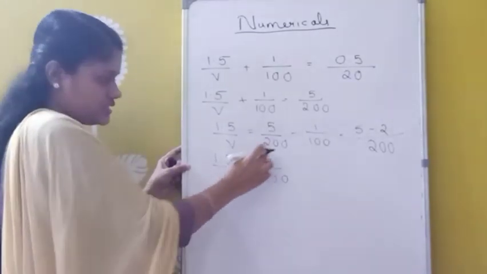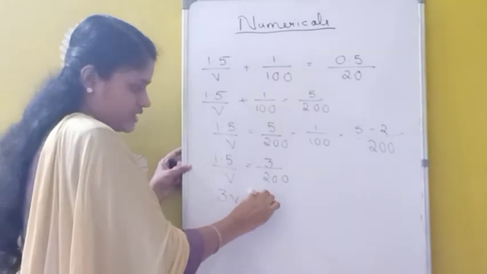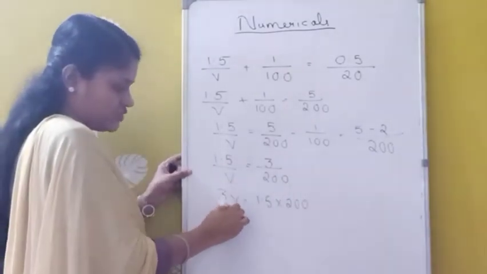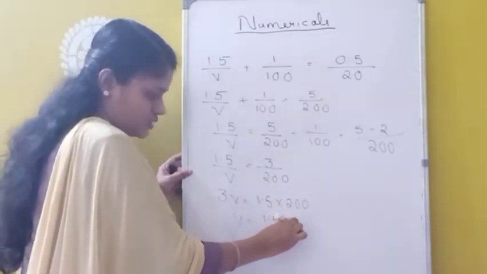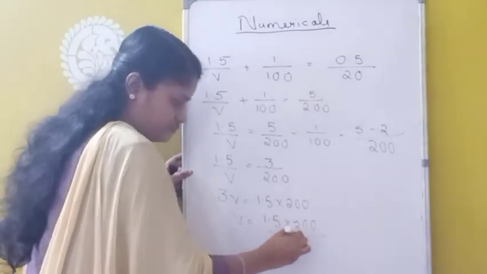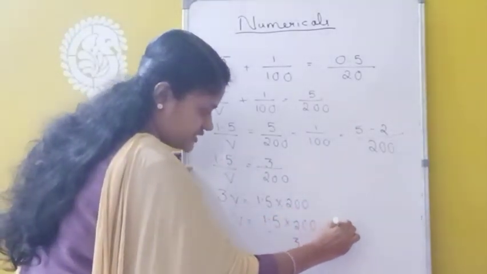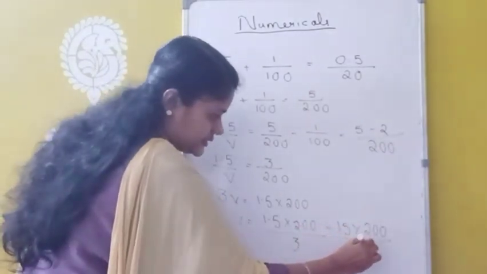Now cross multiplying, 3 into V, so 3V equals 1.5 into 200. From this we have to find V. So V equals 1.5 into 200 divided by 3. Now removing the decimal, I can write 15 into 200 divided by 30.